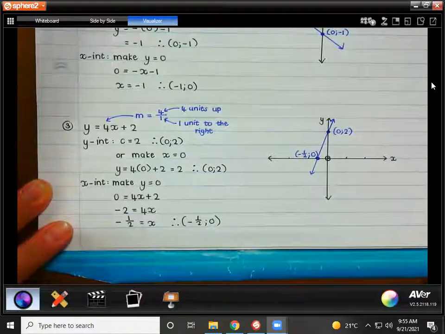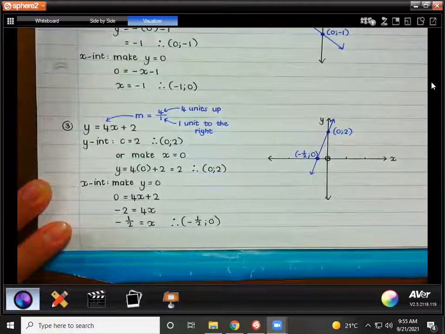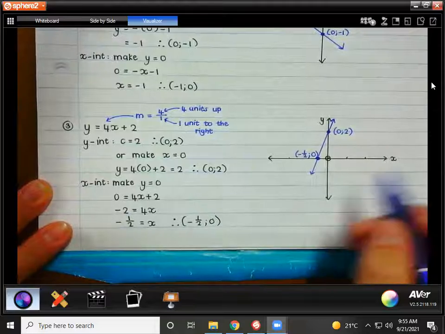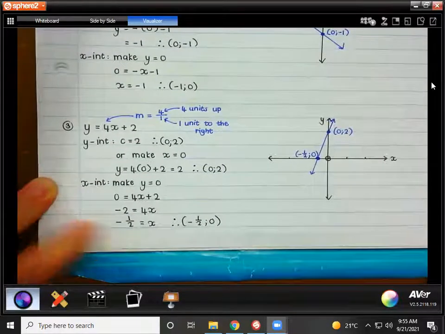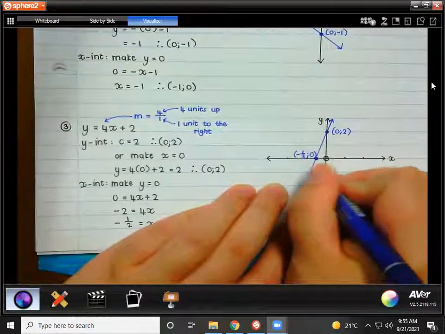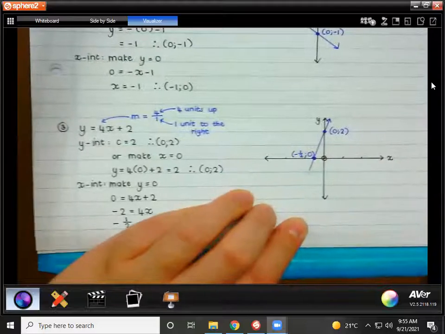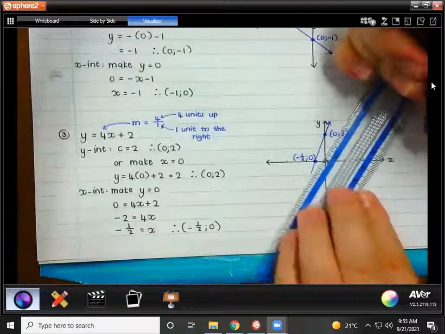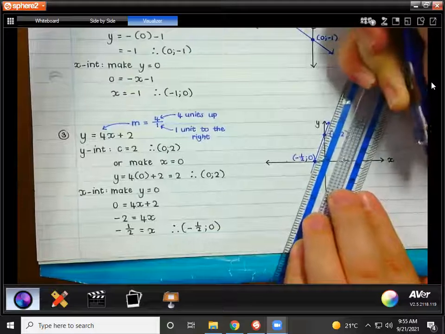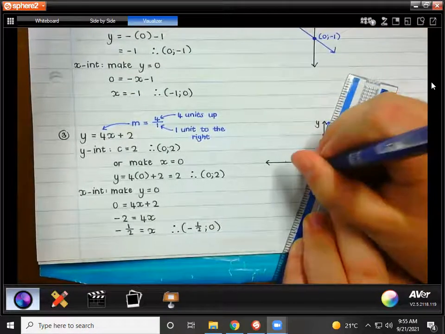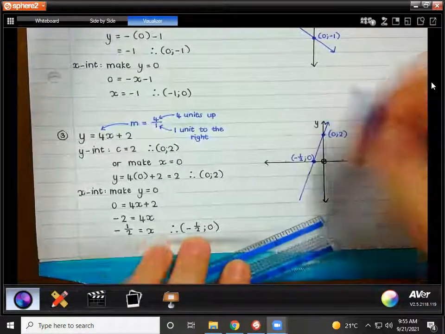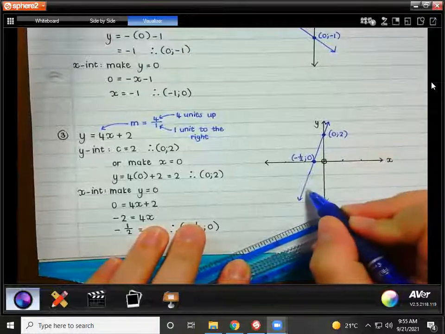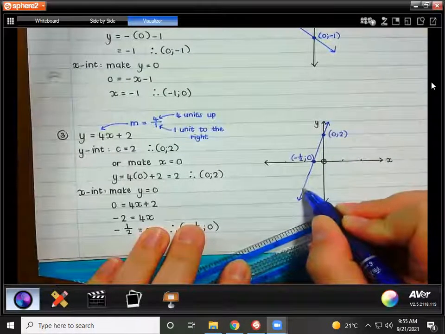Okay, now my graph is quite small, the one that I've drawn here, so we might not be able to see it. But I'm actually just going to extend it a bit. I'll just grab my ruler. All right, I'm going to go from here.